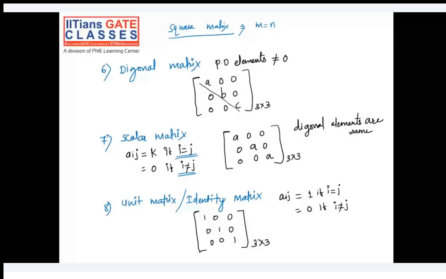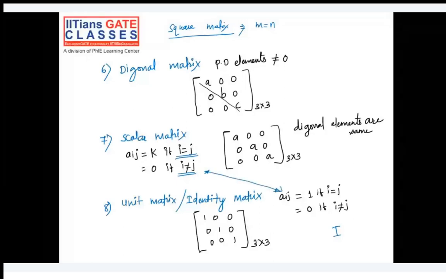Are you following it? Unit matrix is the eighth type. You can also call it the identity matrix. We all know it, and we represent it by I. I stands for identity matrix. In the case of the identity matrix, principal diagonal elements are 1, and the rest of all elements are 0. The same logic you can write here, except in place of k, the value should be 1.